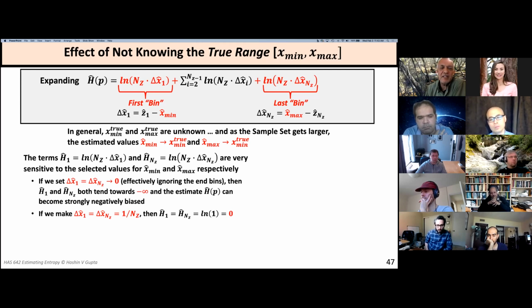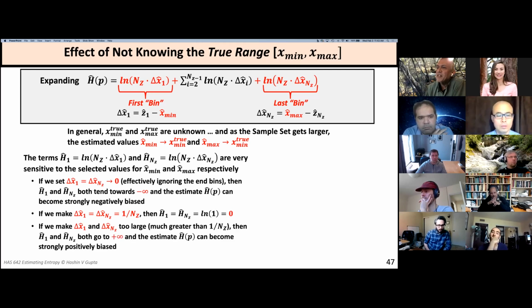So you don't add any term. But if you make delta x too large, presumably much larger than 1 over nz, you can drive h1 and hnz to infinity. So you can make your entropy any number you like just by changing xmin and xmax. So that's a problem, and you need to estimate that.